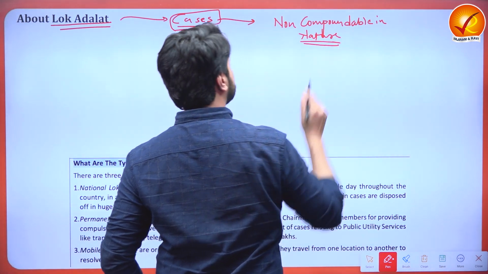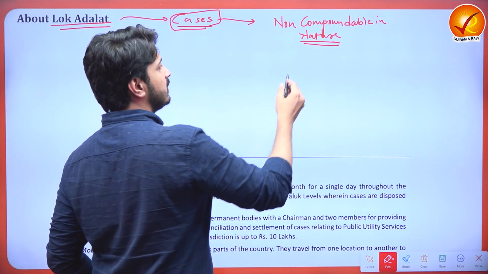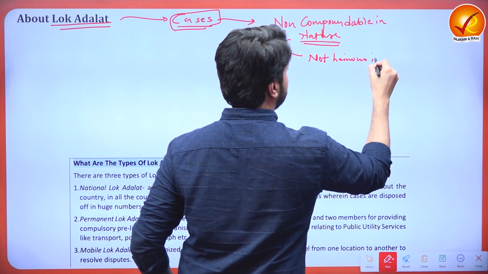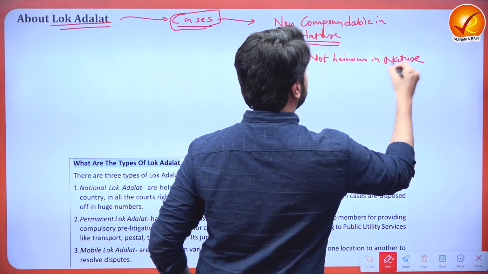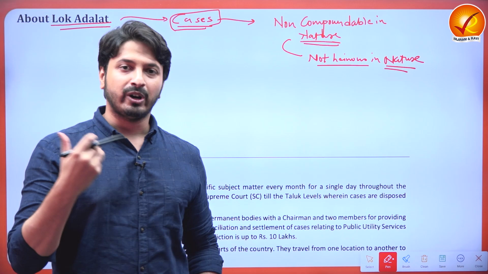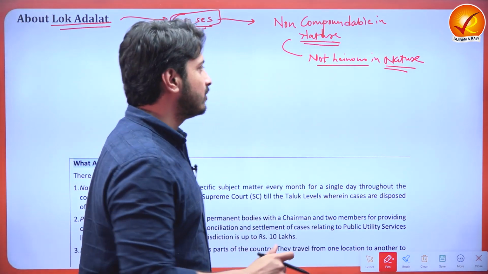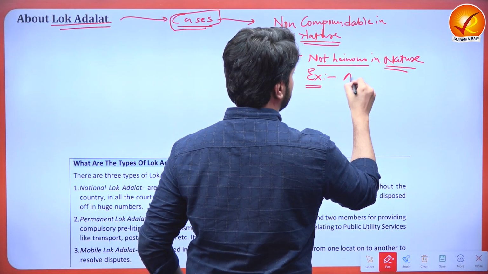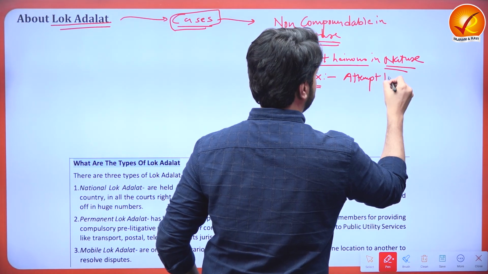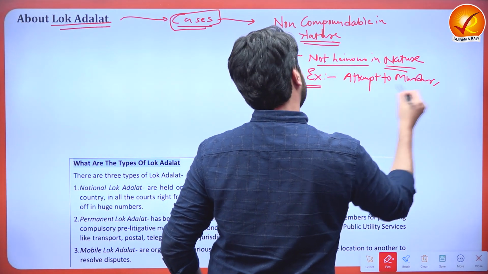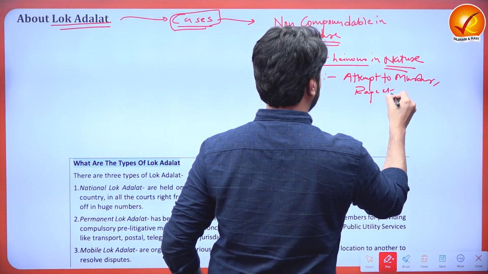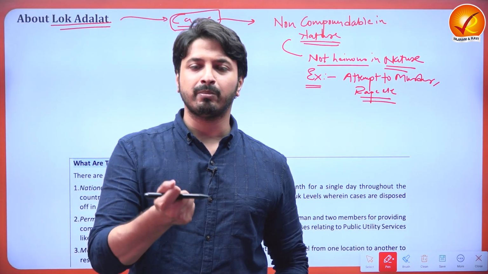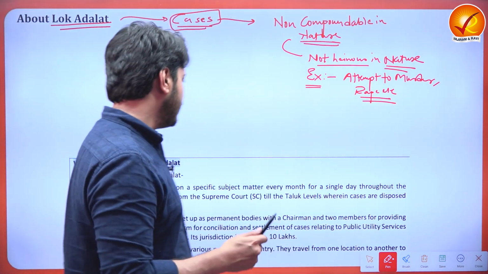These are crimes or offences which are heinous in nature and cannot be compounded with any kind of monetary payment or out of court settlement. For example, the cases which cannot be tried are, say, attempt to murder or rape, etc. These are not available under the jurisdiction provided to the Lok Adalats in our country.